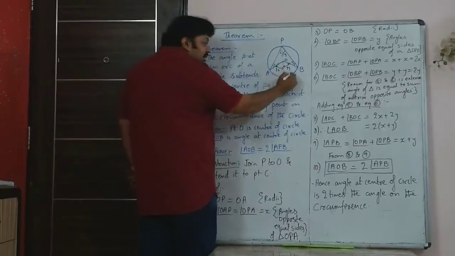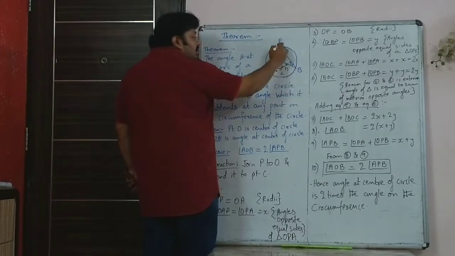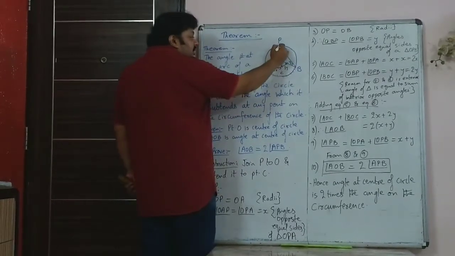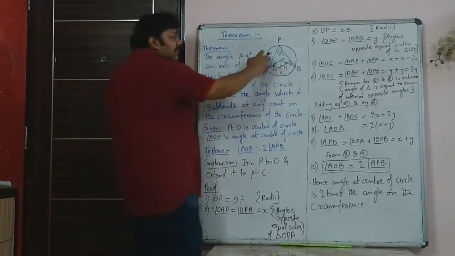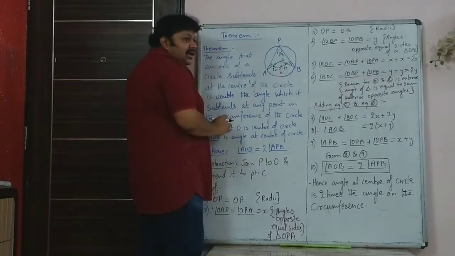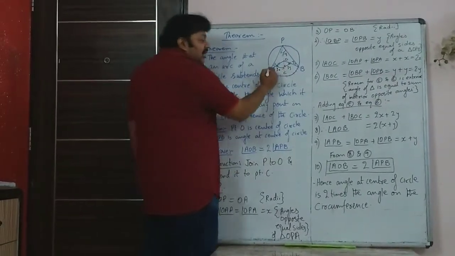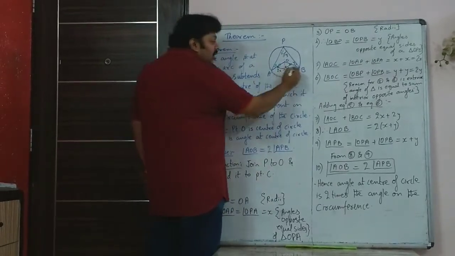And for the same arc in front, or for the same chord in front, you can say the angle on the circumference is APB. So APB is the angle on the circumference and AOB is the angle at the center. And they have the same chord in front of them. The chord is AB.